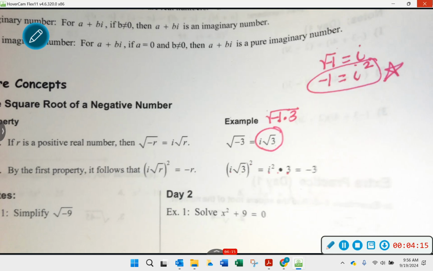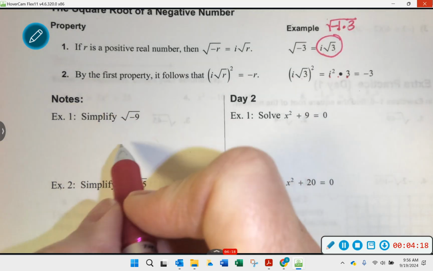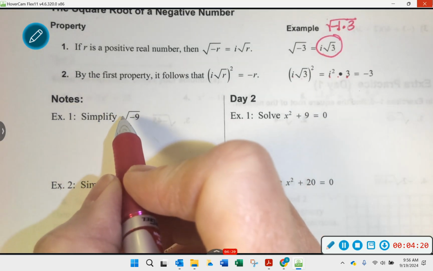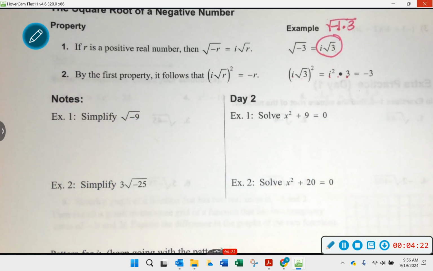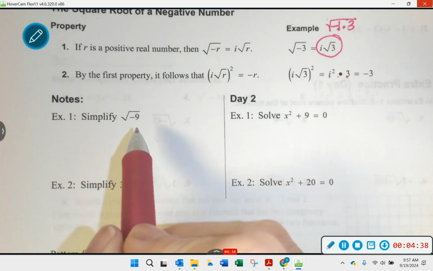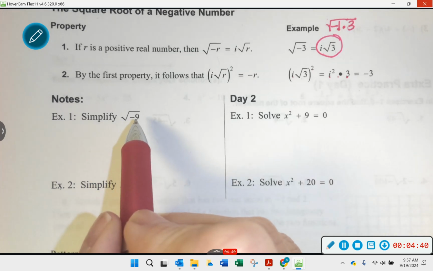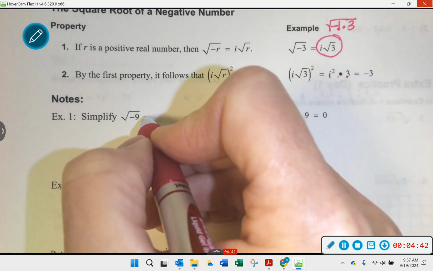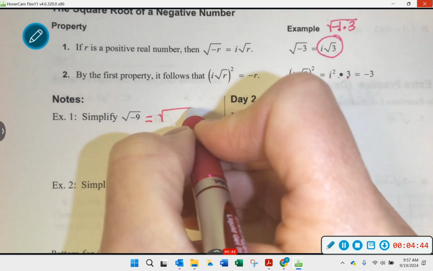Okay. All right. Let's look at some examples here. I want to simplify the square root of -9. If you don't have your calculator out, get it out, please. If I'm doing the square root of -9, here's the way I want to think of this.